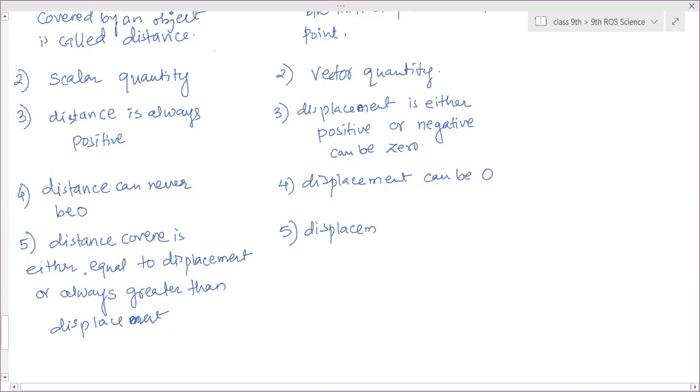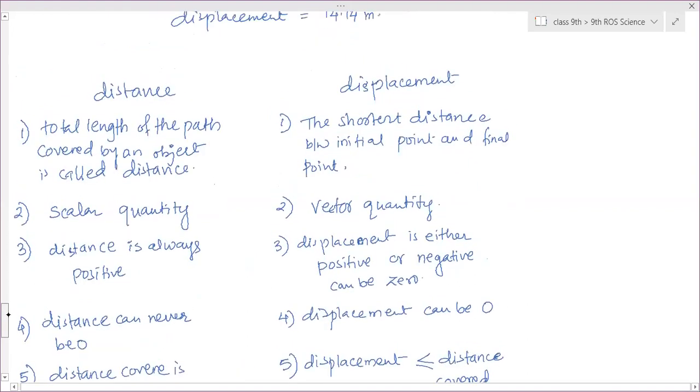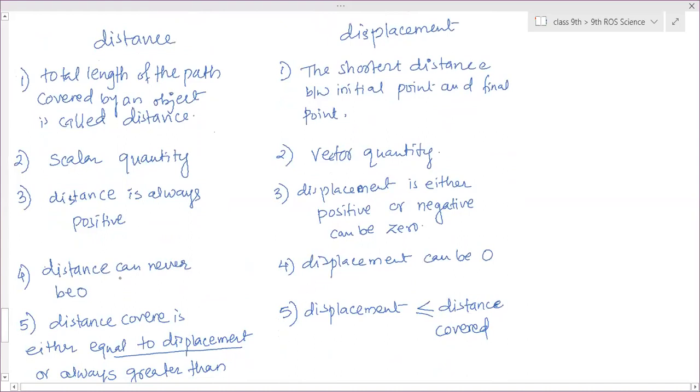What I've written: either equal to displacement or greater than, cannot be less than. Okay, ma'am. Displacement is either equal to or less than distance covered. So these are the 5 differentiating points between distance and displacement.